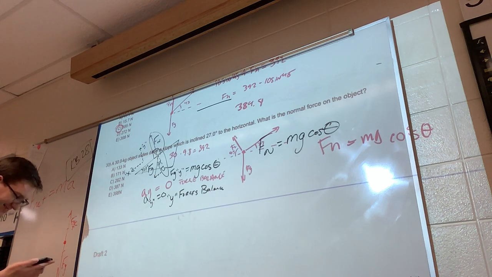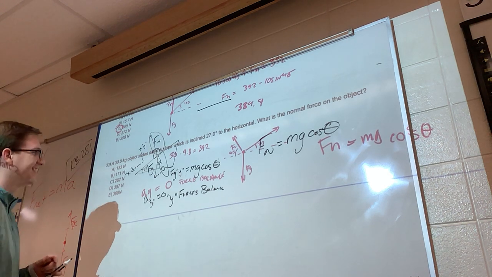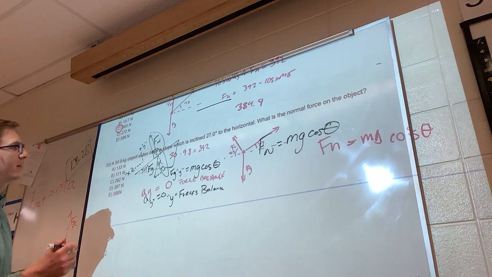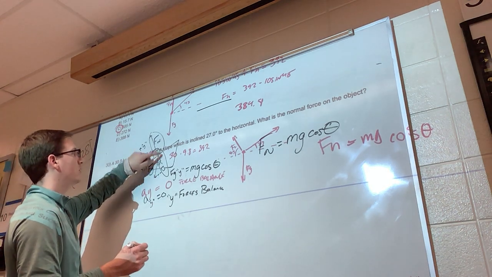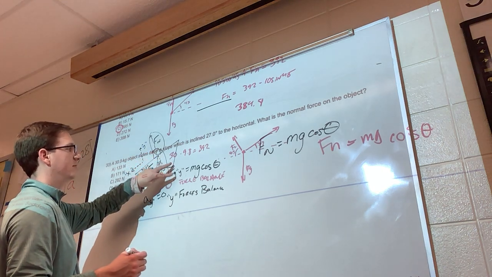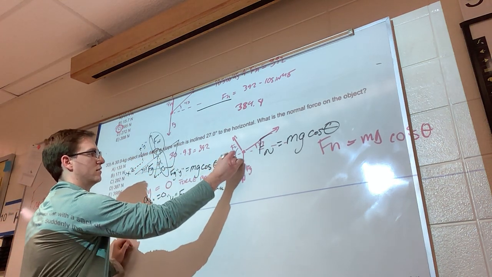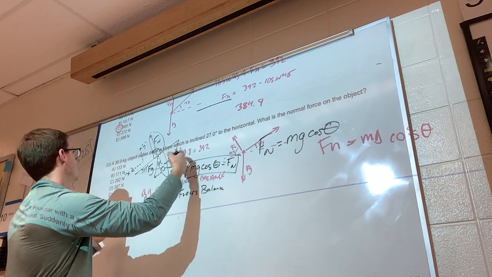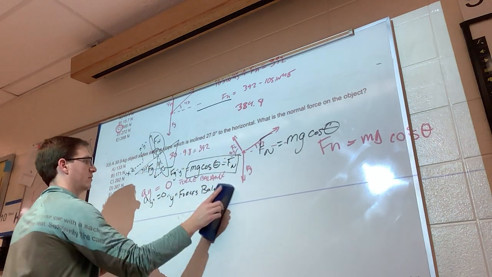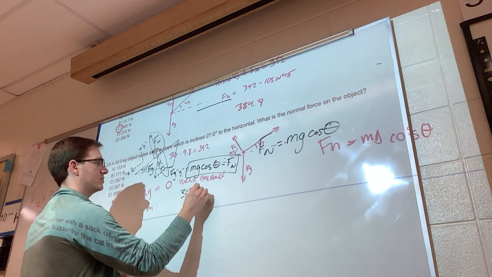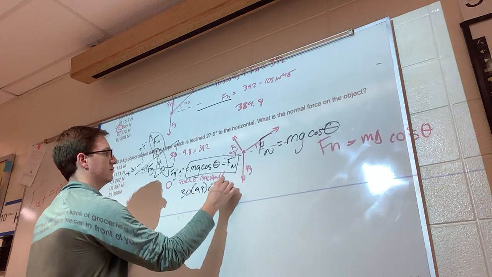So, how would you go about solving this? Since Fg y and Fn are the same size, that just equals Fn. And now they just give us the numbers. So now I just do 30 times 9.8 times cosine 27.